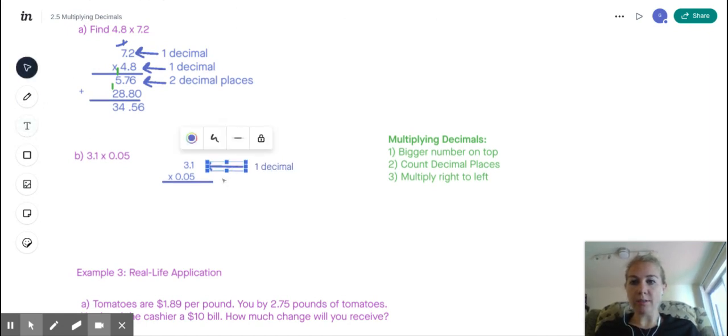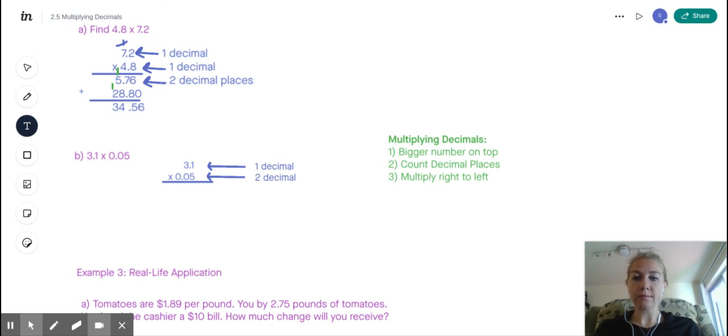And in our second number, 0.05, there's two numbers to the right of the decimal place, so that means there's two decimal places. To find how many decimal places we need in our answer, we add up how many decimals are in the numbers we're multiplying. So 1 plus 2 is 3. So in our answer, there's going to be 3 decimal places.